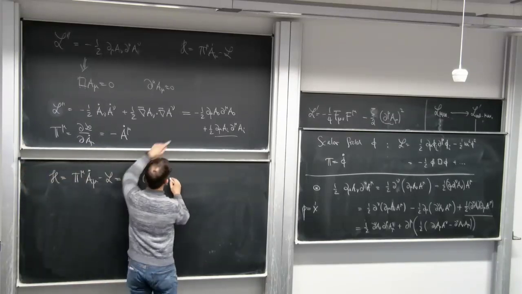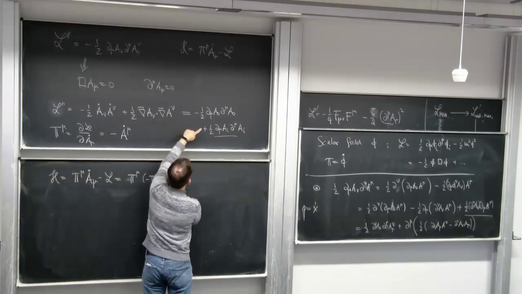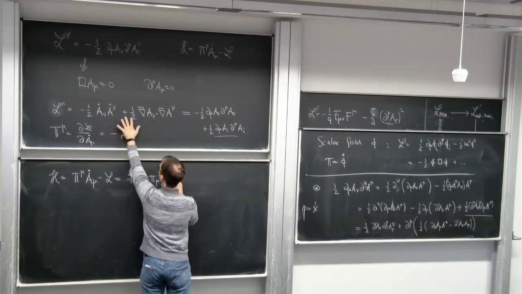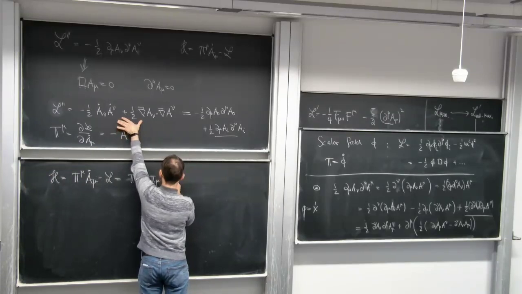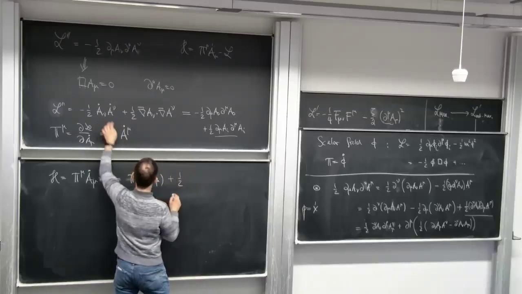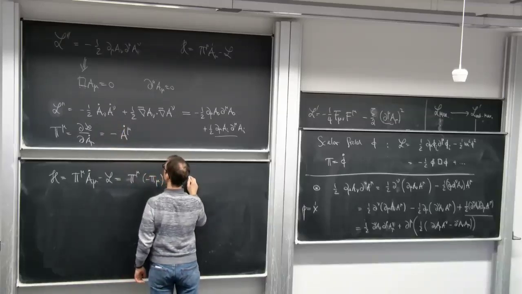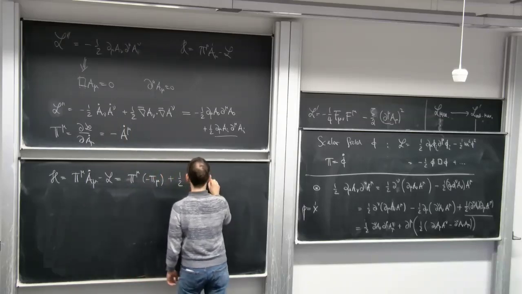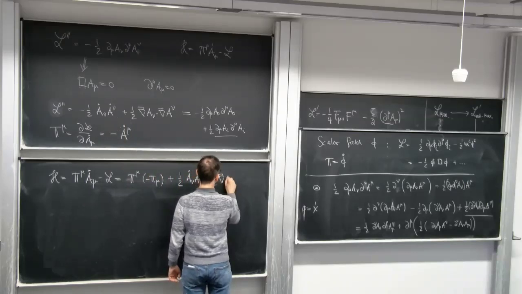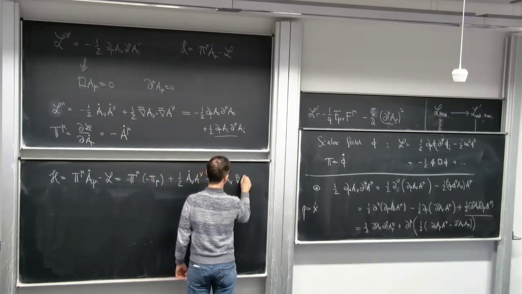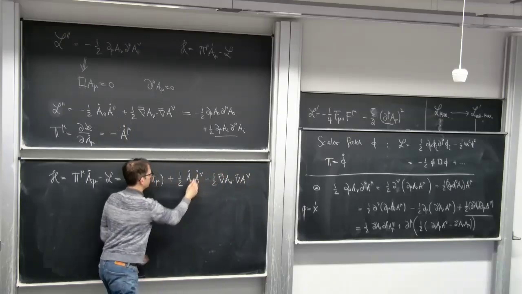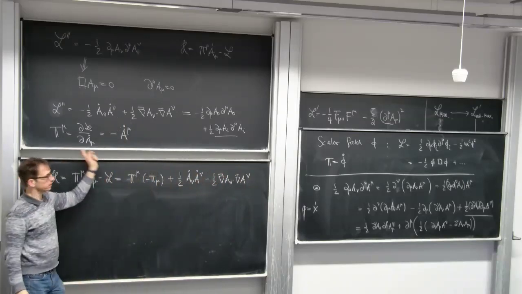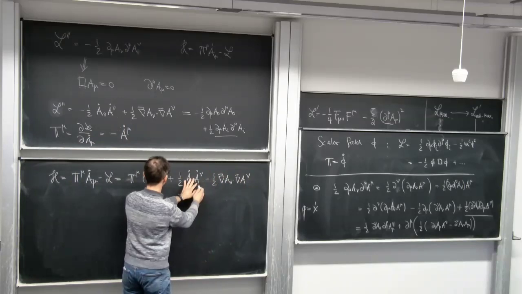And then I have minus L. Minus sign here, minus sign there, it doesn't matter, so this is pi squared.